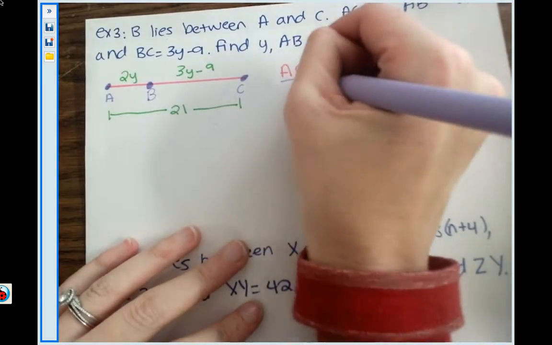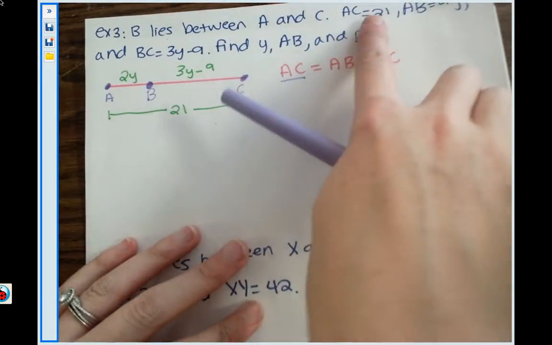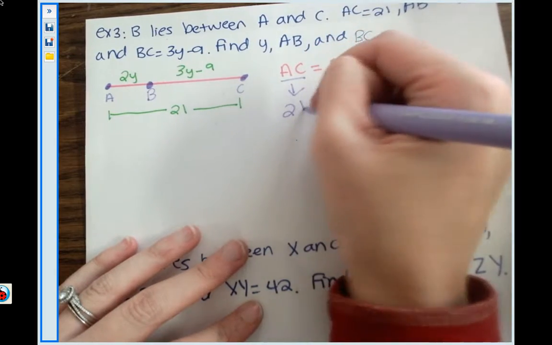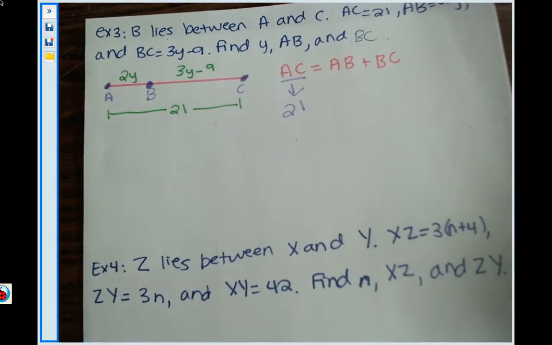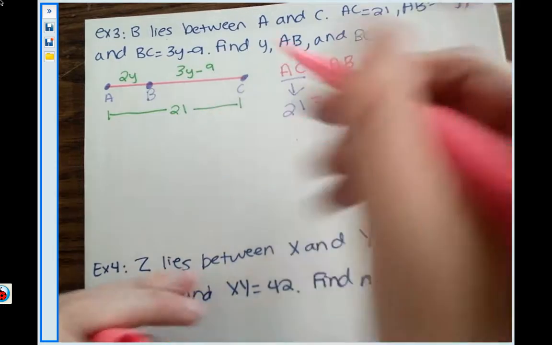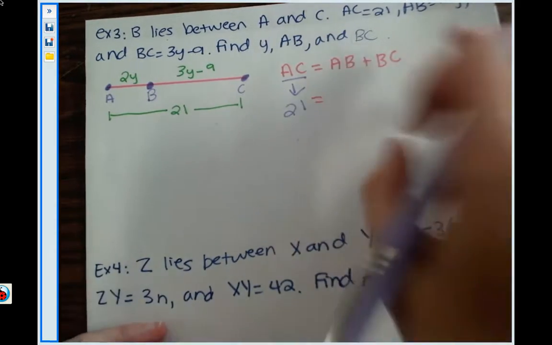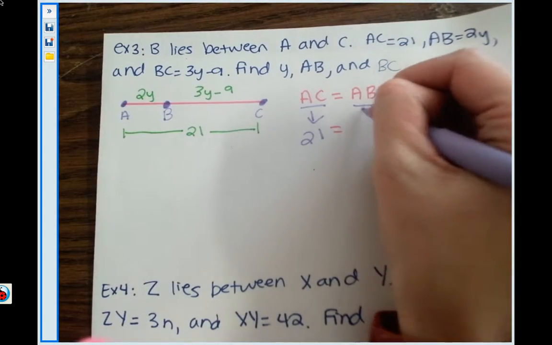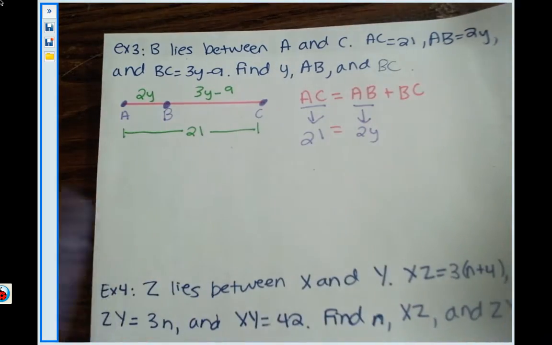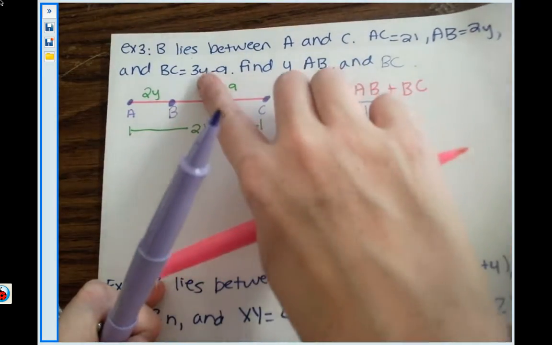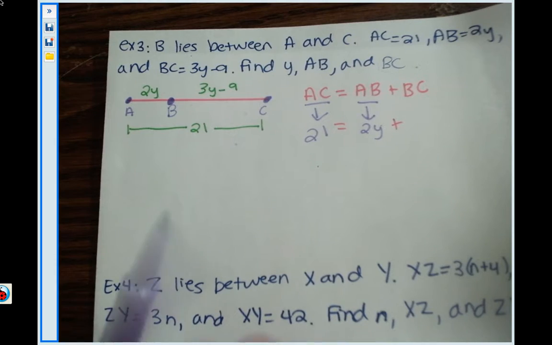All right, so my AC, it says is 21, so I'm going to replace that with the 21. 21 equals my AB, which is 2y, plus my BC, which is 3y minus 9.